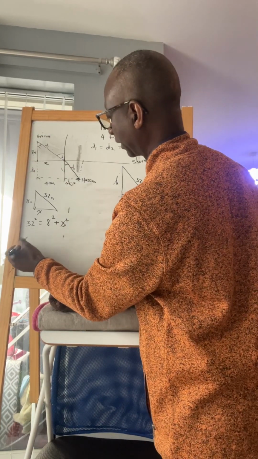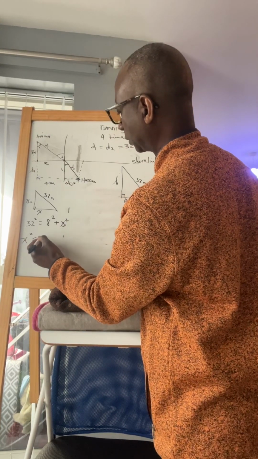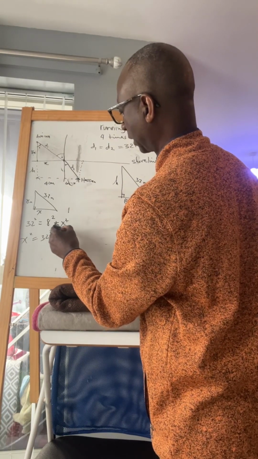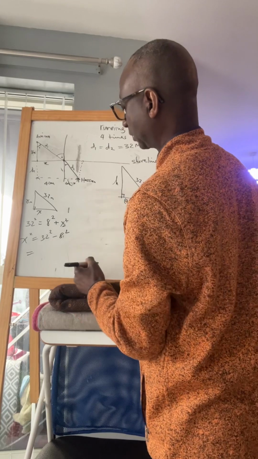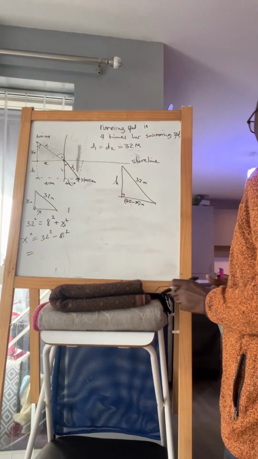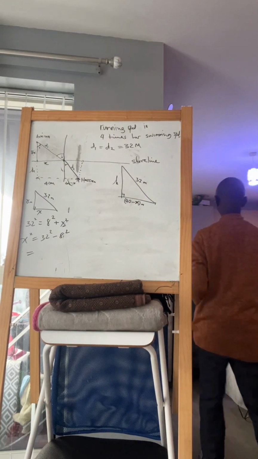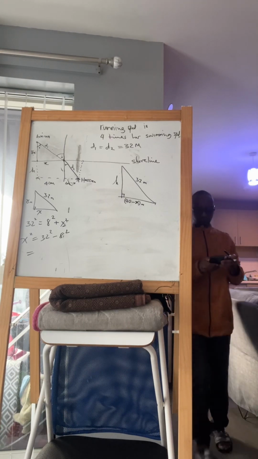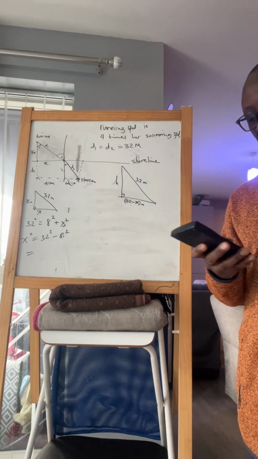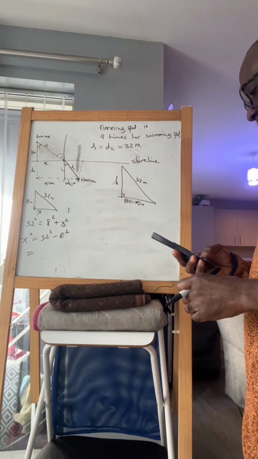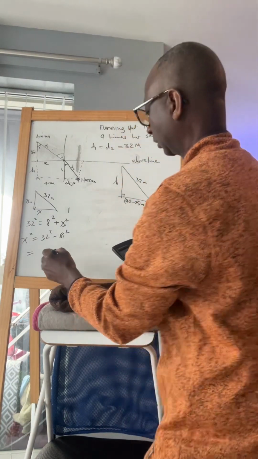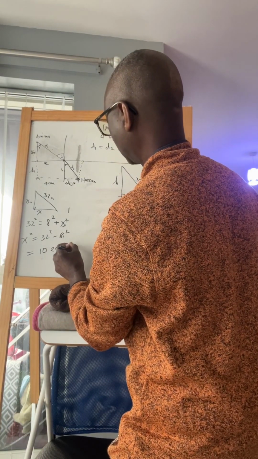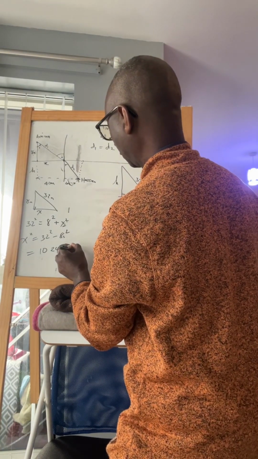So if we want to find x, we'll bring it over here. So x squared is equal to 32 squared minus 8 squared, which we work out in the calculator. 32 squared is 1024, minus 8 squared is 64.